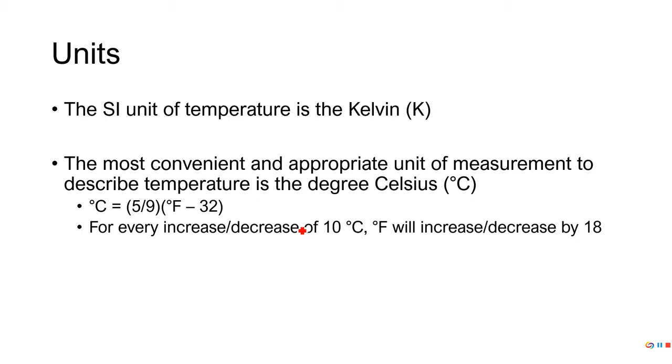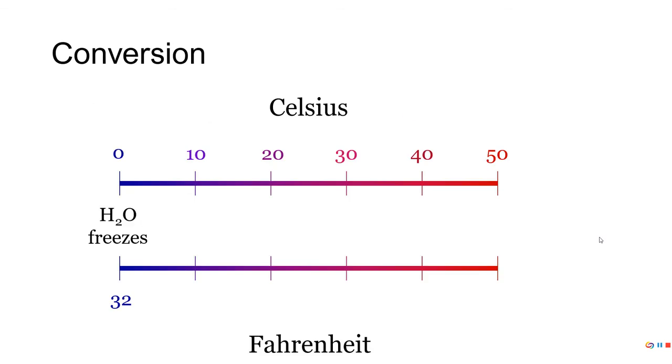The important thing, or I think a thing that makes it easier, is that as you change Celsius by 10 degrees, you change Fahrenheit by 18 degrees. And so to give you a little visual of this, here's where water freezes at 0 degrees Celsius, 32 degrees Fahrenheit. We don't have the boiling point. And so there we go. We're increasing by 18 with every jump.